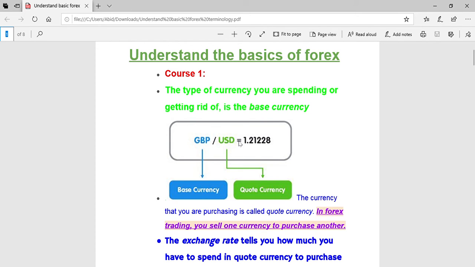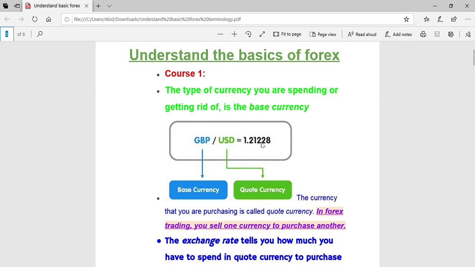This is the conversion amount. If you want to buy 1 GBP, in US dollars you have to pay this much, $1.21. These are the very micro levels of the currency positions.